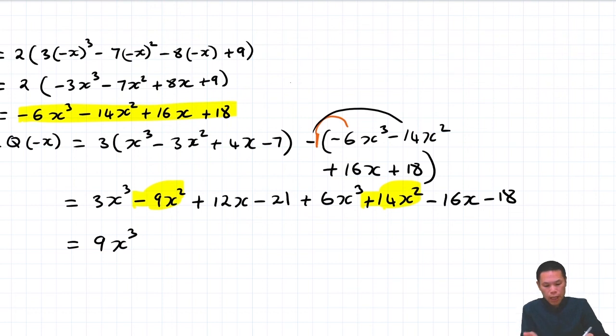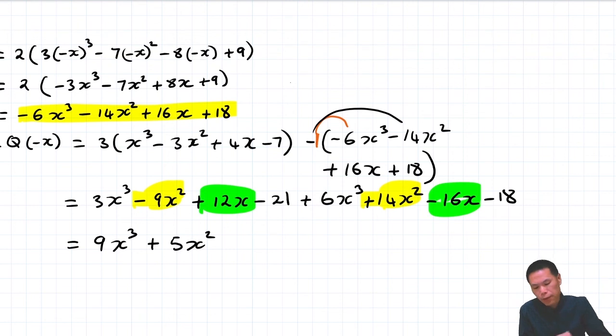So 14 minus 9 is 5. So we just add 5x squared. And then we have this term here, 12x, and we have negative 16x. So 12 minus 16, so it's negative 4. Okay, so we just write this down, minus 4x.